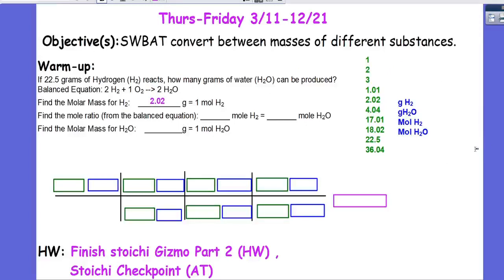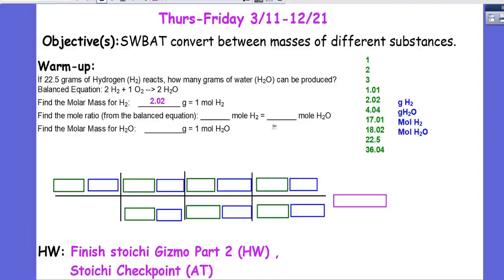Next, I want to find the mole ratio from my balanced equation. Now, there's technically 2 answers to this one, but only one that Canvas will recognize as being correct. So to find my mole-to-mole ratio, I need to look at my coefficients in my balanced equation. So how many moles of H2 are equal to how many moles of H2O?